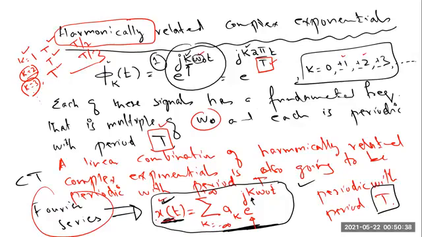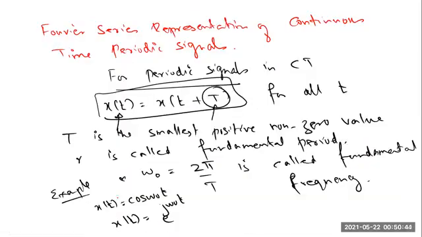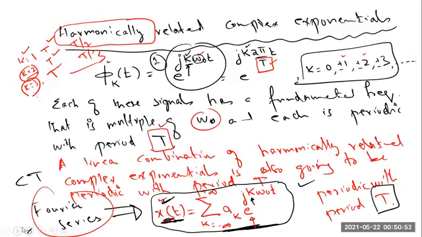But you already know that sinusoidal signals and periodic exponential signals are closely related. Remember, this is something which we covered already, that this signal and this signal are closely related. So most of the time, we will be using this form of Fourier series, which involves complex exponential signals.